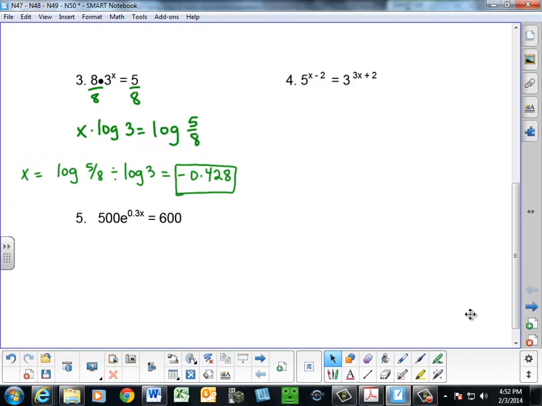Example 4, we have two exponents that are algebraic expressions. So again, we're just going to do the logarithm on both sides so that we can move the exponents to the front.